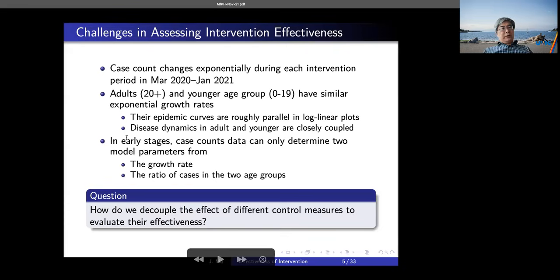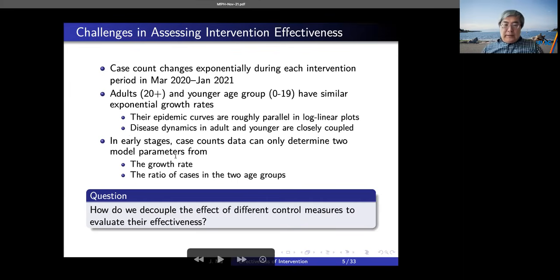If you are interested in ODE models, you'll realize that in the exponential growth stage, if you linearize it, the epidemic just converges to exponential growth with the rate of the dominant eigenvalue of the linear system, and the ratios of the cases in each category or age group are determined by the associated eigenvector.